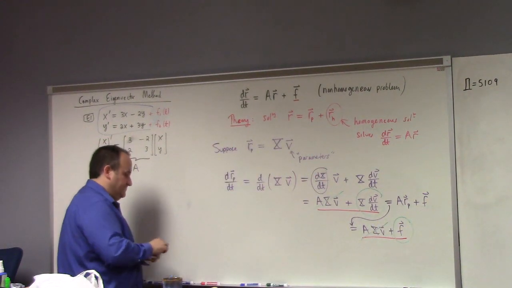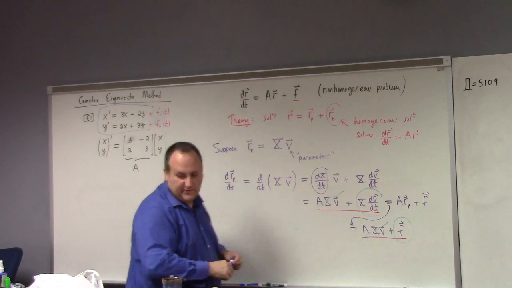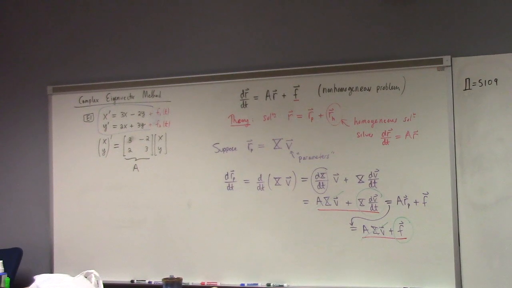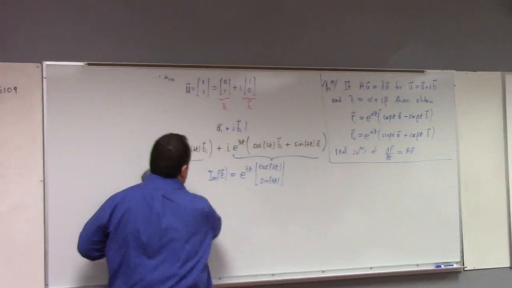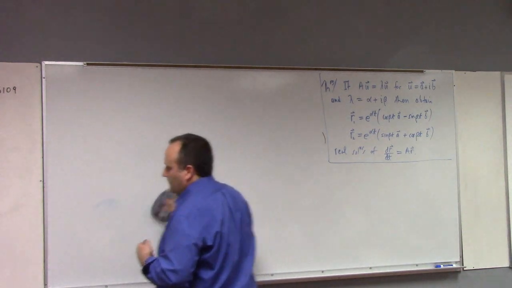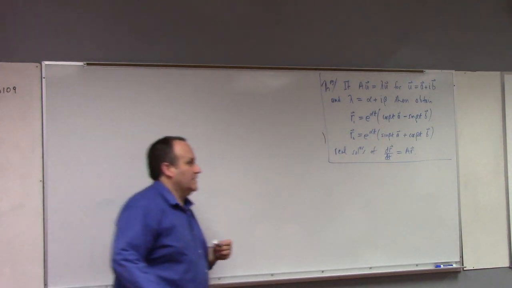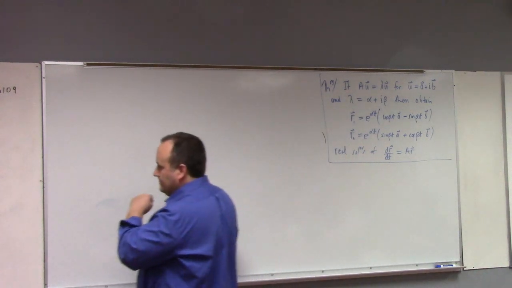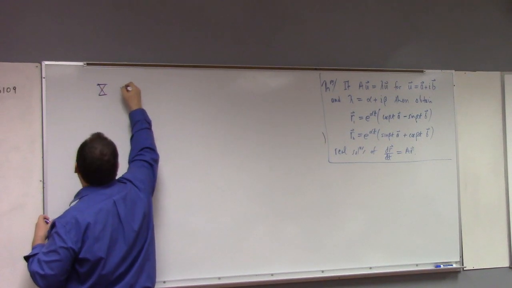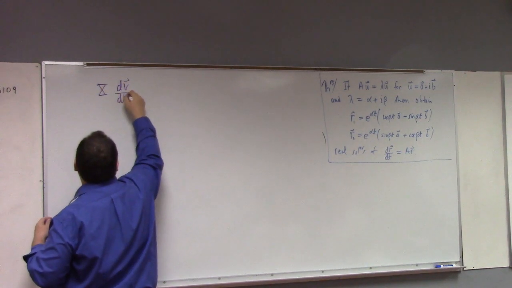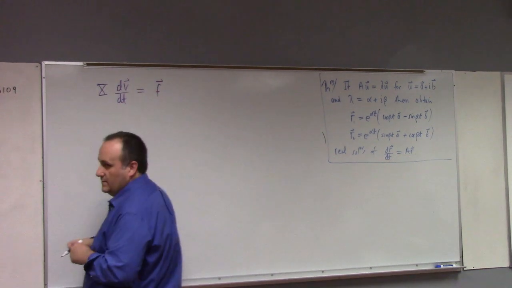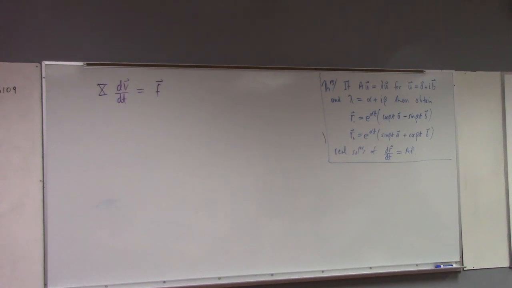Can you solve that equation? So it would be desirable for us if we could solve the solution matrix X times dv dt equal to my vector of inhomogeneous terms.